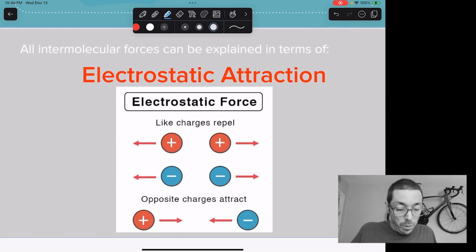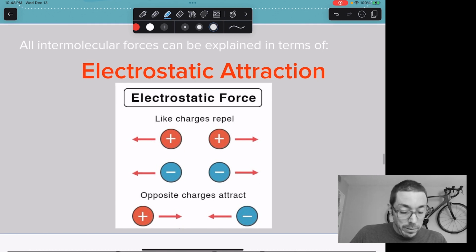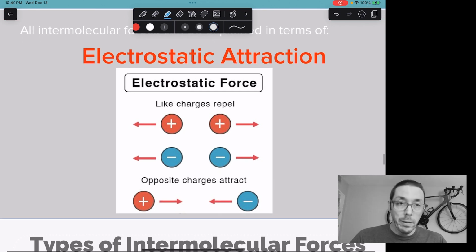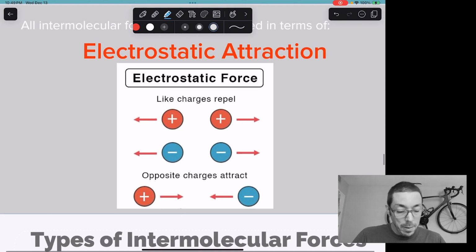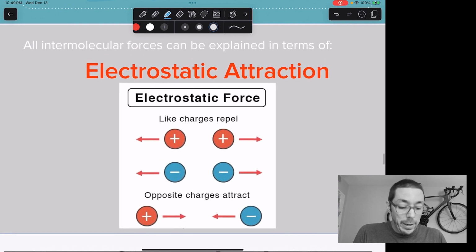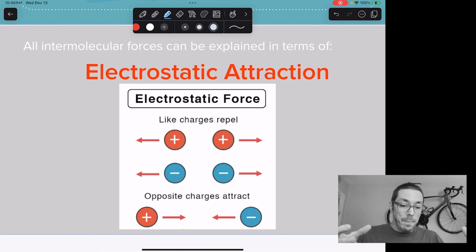Every intermolecular force can be explained in terms of electrostatic attraction. And you may not realize it, but you already know the rules of electrostatic attraction. Like charges repel, so positives repel positives, negatives repel negatives, but opposite charges attract, right? Because we know all about that in ionic bonding. So that's the concept here for any intermolecular force. If you have opposite charges, then they're going to attract each other.